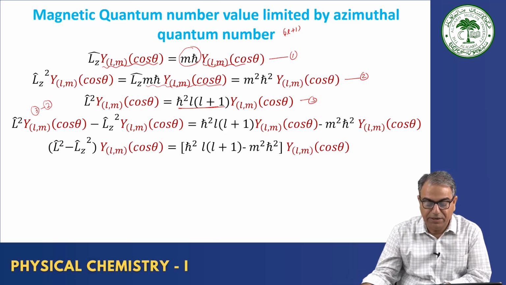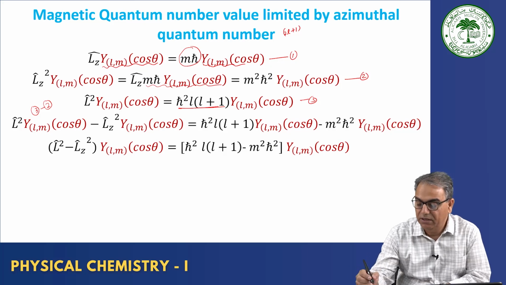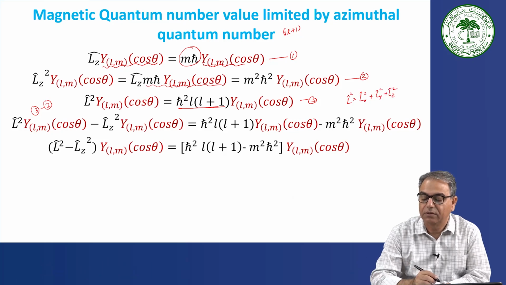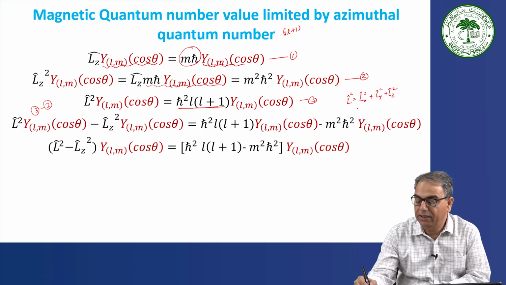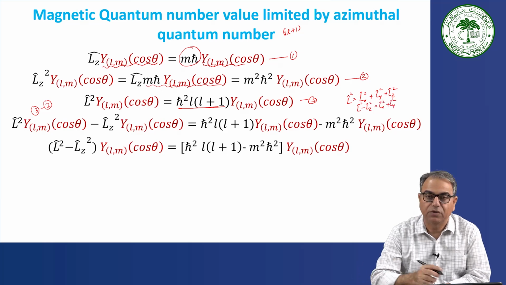And this L² minus Lz², if you remember, what was the L square operator? In the definition I talked about, Lx² plus Ly² plus Lz². So L² minus Lz² you can write as Lx² plus Ly².